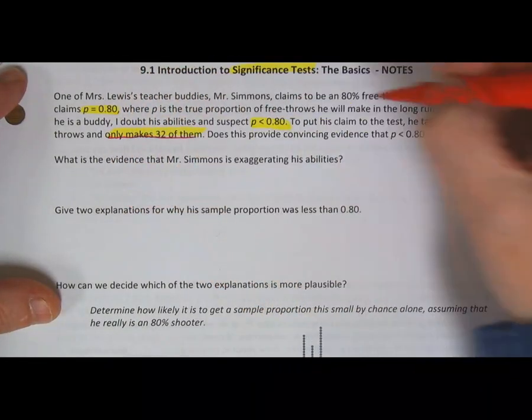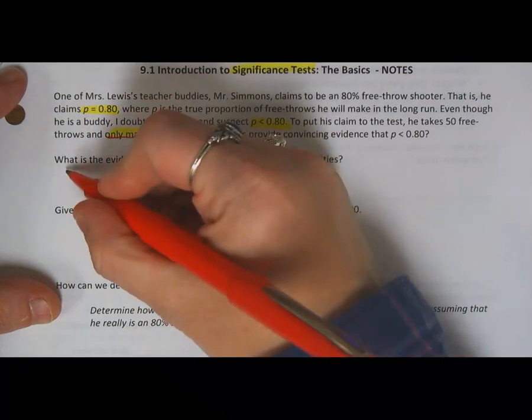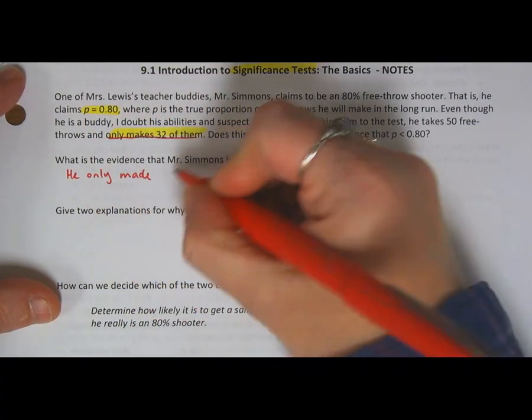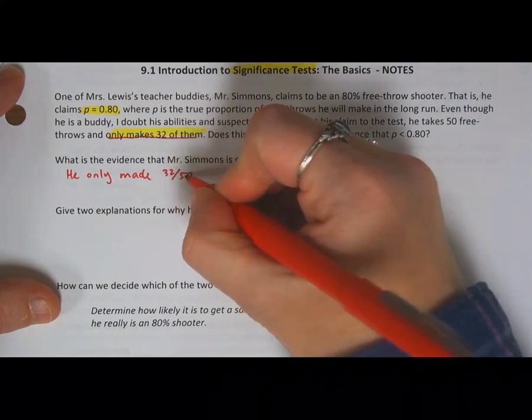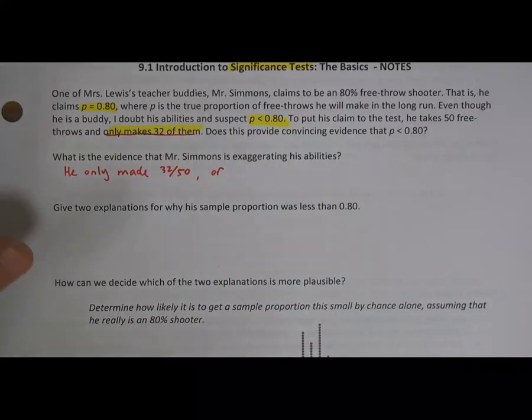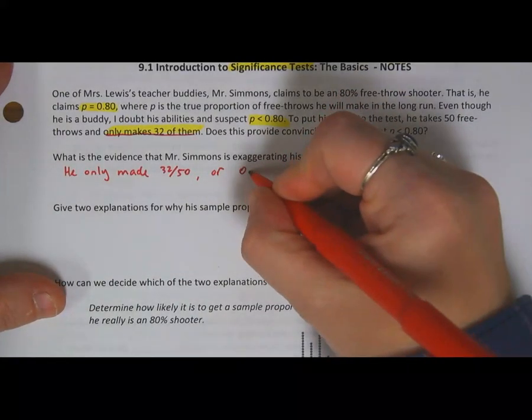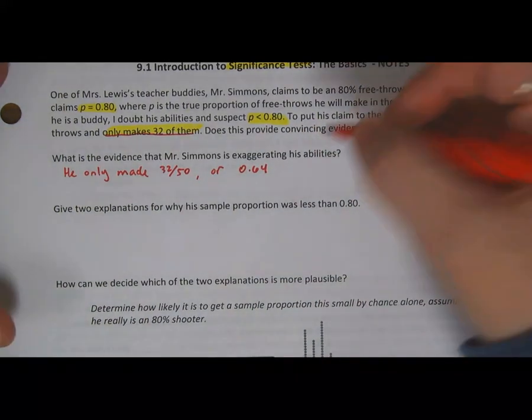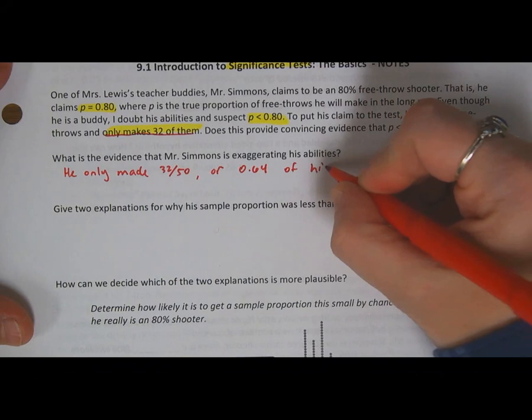He only made 32 of 50, or if you divide that out, the proportion that he made in front of me was 0.64 of his shots.